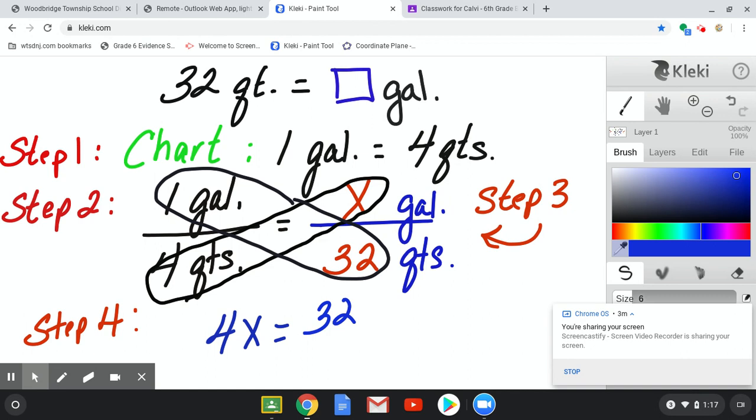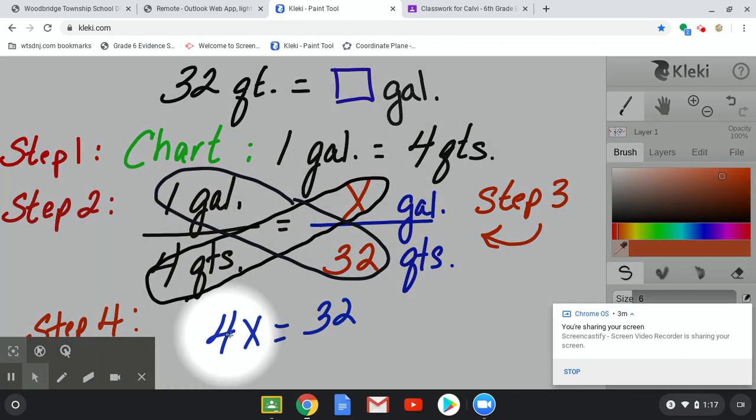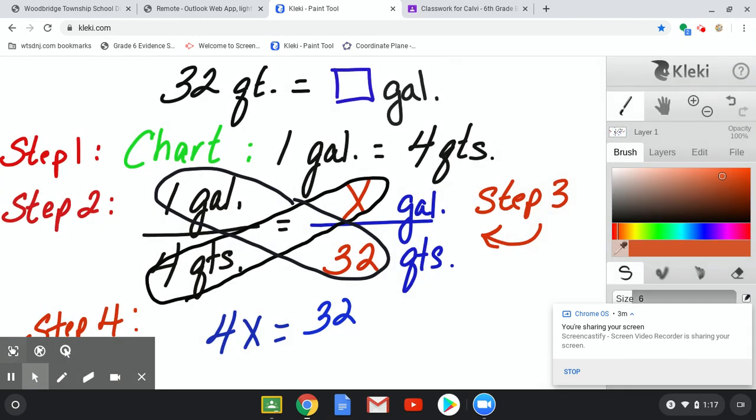I am now going to solve for my variable. In order to do that, I have a numeral next to my variable. That's multiplication. The opposite of multiplication is division, so I have to do division to get my variable by itself. So I'm going to divide both sides by 4.